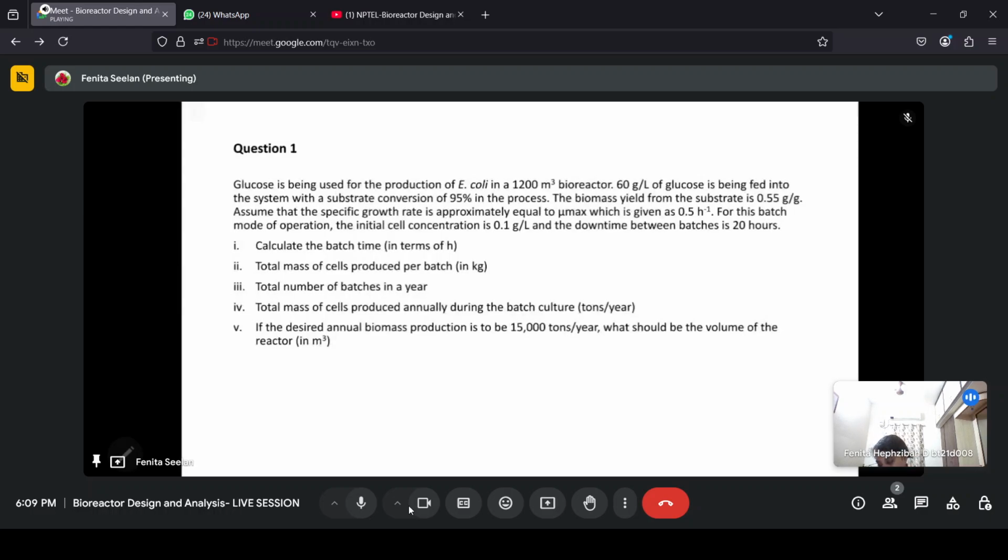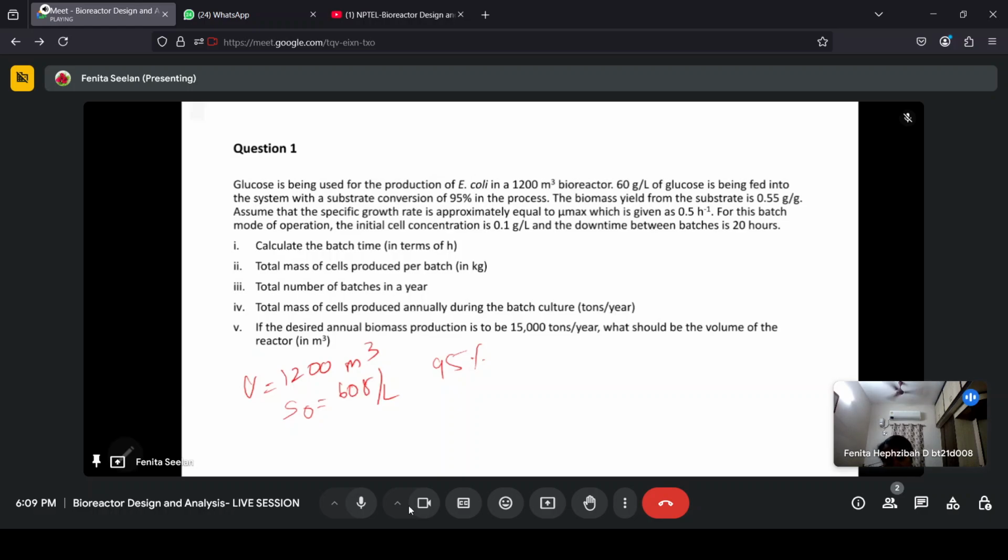Yeah, so it is given that our volume is 1200 meter cube and what else is given? S naught is given as 60 gram per liter, and it is also given that 95% of substrate is being consumed or converted.